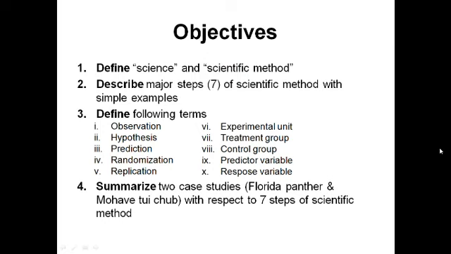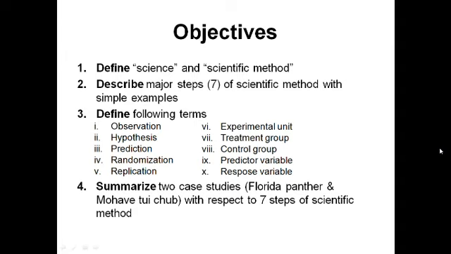Today we are going to talk about the scientific method, or how to do science. With this lecture we have some specific objectives. First of all, we will define what science is, and then we'll get to know the scientific method. We'll go through all the steps, and while we are doing this, you will encounter some new terms, and we'll discuss the meanings of these terms.